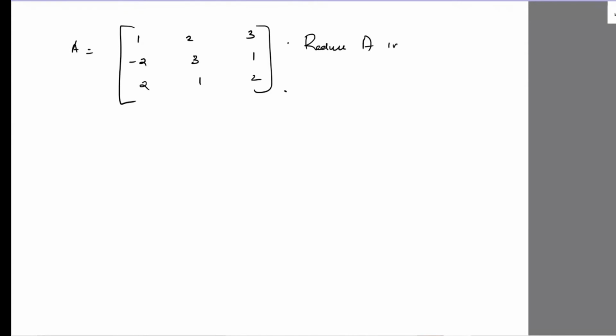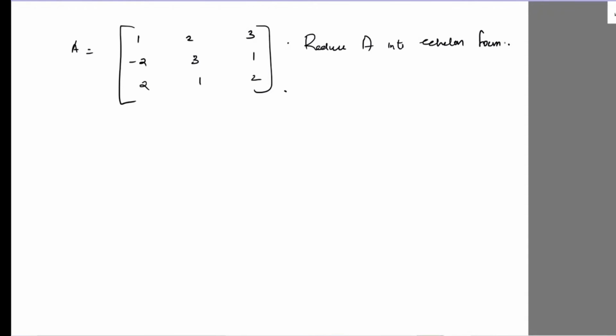So for example, suppose A equal to, okay, A is given. I have to reduce this matrix into echelon form. So how will you reduce this A into echelon form? We have to use the elementary row operations.